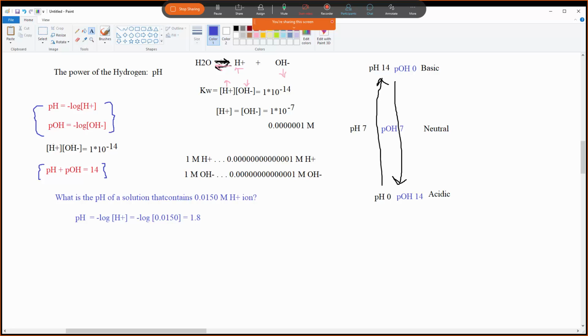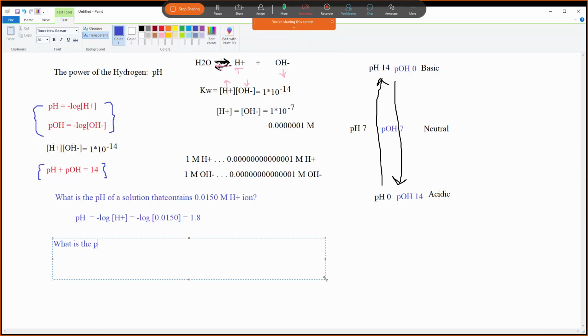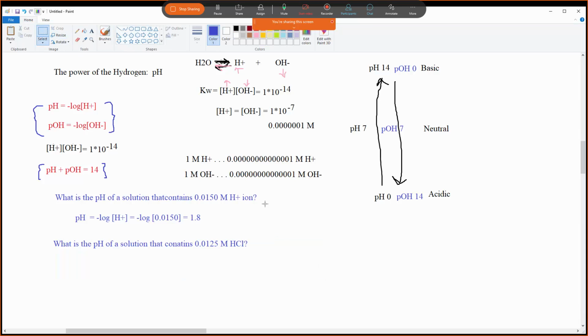Excellent. All right. Well, that was very straightforward because I specifically said you have H plus. But what if I said instead, what is the pH of a solution that contains 0.0125 molar HCl? Now what? You have to get to the H plus ion from HCl.